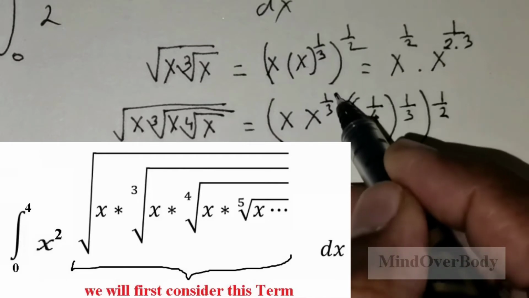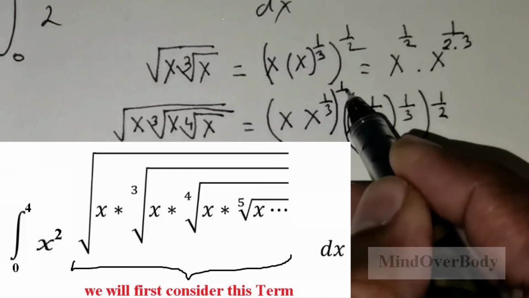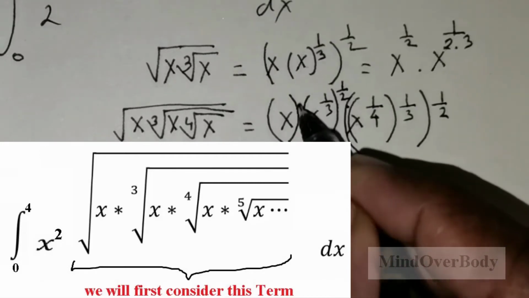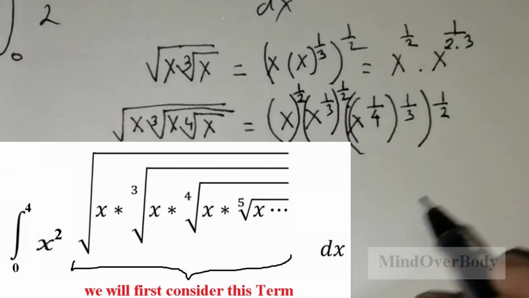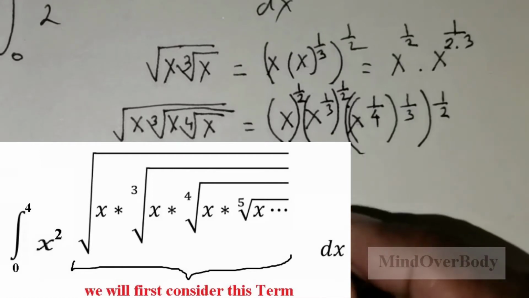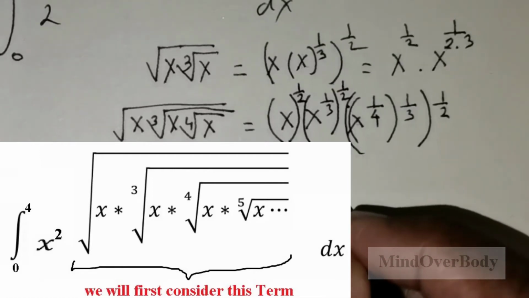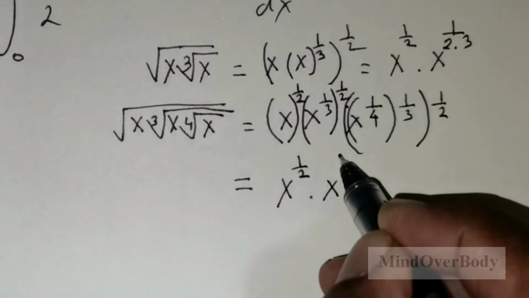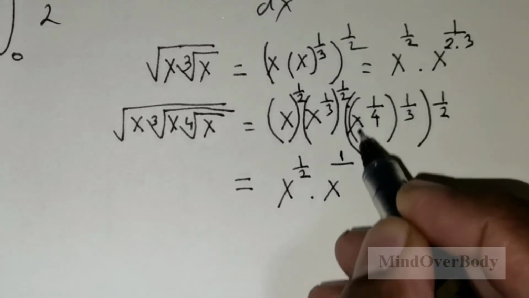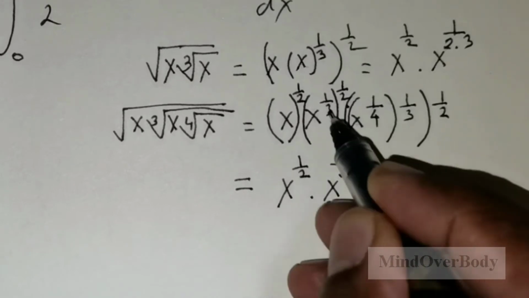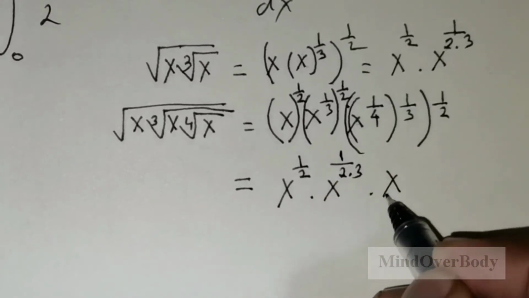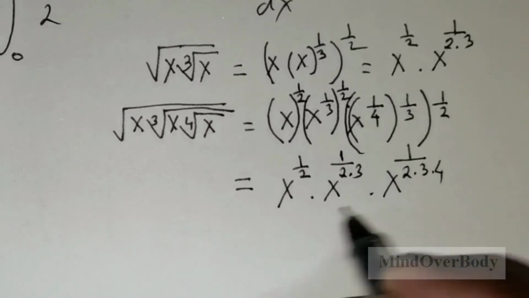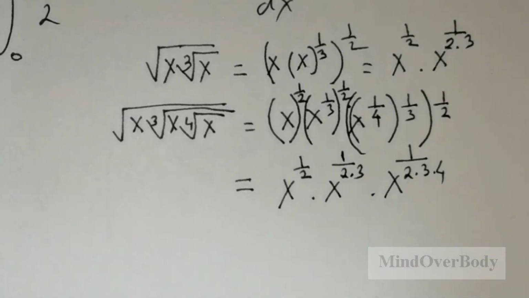So for 1 over 3, it has to be raised to the power of 1 over 2, and for x, it just has to be raised to the power of 1 over 2. Rewriting this, we have an expression of this fashion: x raised to the power 1 over 2 times x raised to the power 1 over 2 times 3 times x raised to the power 1 over 2 times 3 times 4. So this is how the expression has to be placed.